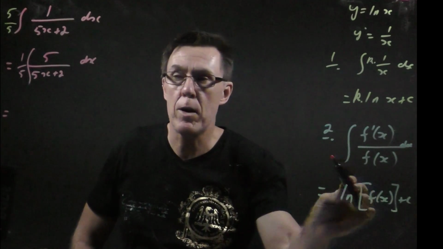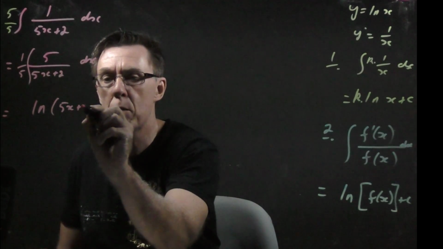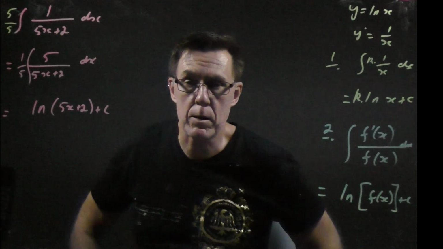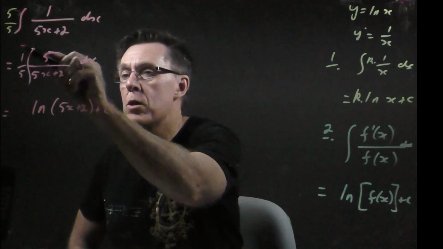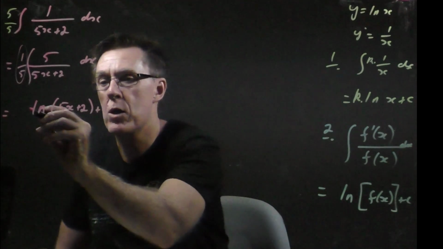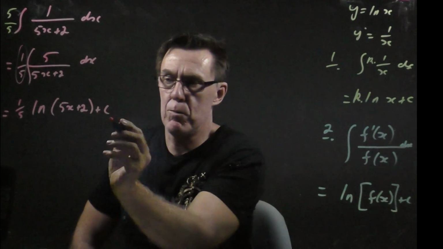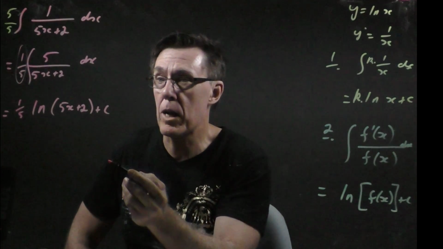So it's just going to integrate to be the natural log of 5x plus 2 plus c. Constants are constants because they are constantly there, they don't partake in the integration, so I have my 1/5 out the front as well. I could put it all over 5 if I wanted, it means the same thing.